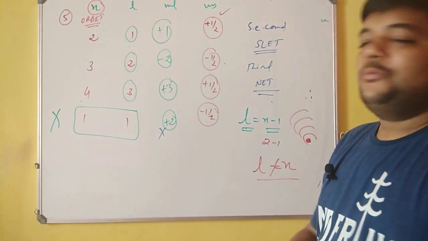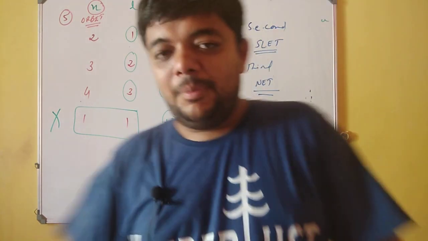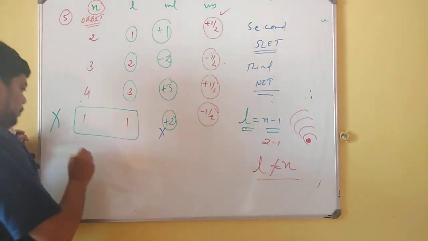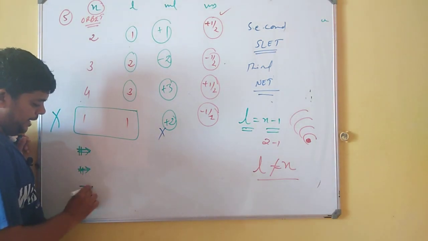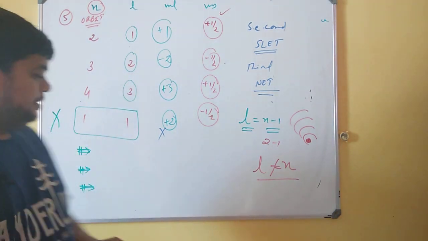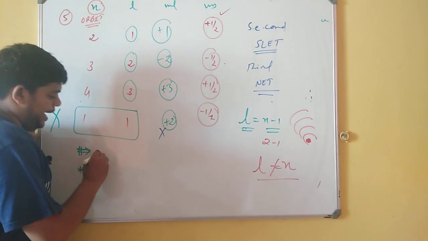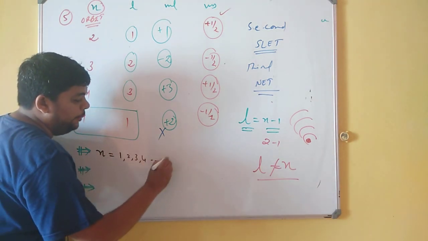So this is how, friends, we work when it is quantum numbers. I would just mention again few very important points that are to be kept in mind while solving these questions of quantum numbers. Number 1, n is equal to 1, 2, 3, 4 up to n.